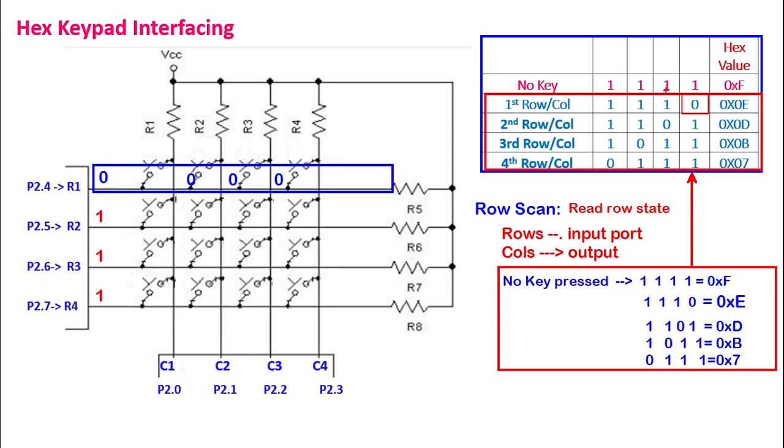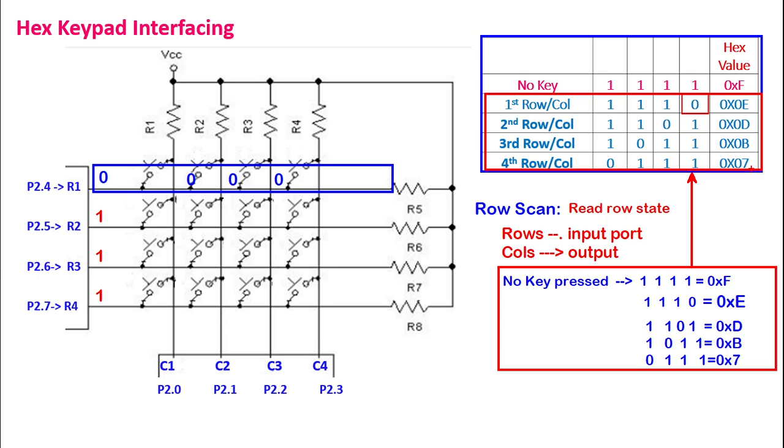Its hexadecimal value is E. Similarly, second row and second column is 0, 1 1 0 1, that is D. For third row or column 1 0 1 1, that's going to be B. And for fourth row and column 0 1 1 1, it's going to be 7.